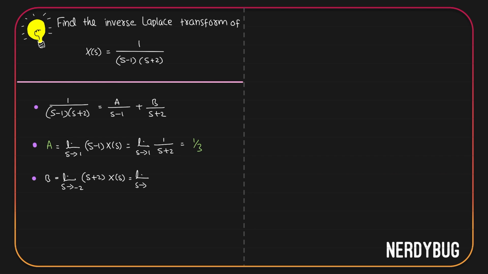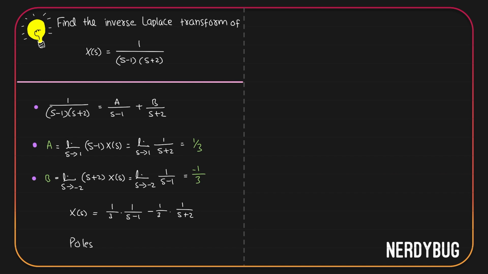That is limit s tends to minus 2, s plus 2 multiplied by x of s is 1 by s minus 1. So we get 1 by minus 2 minus 1 or minus 1 by 3. So we can write x of s is equal to 1 by 3 times 1 by s minus 1 minus 1 by 3 times 1 by s plus 2.